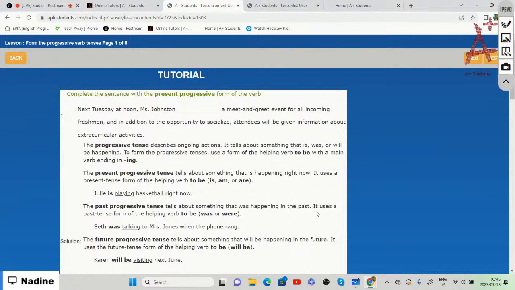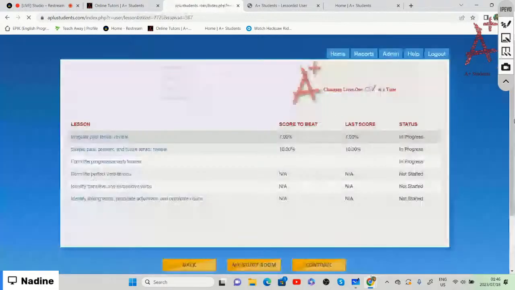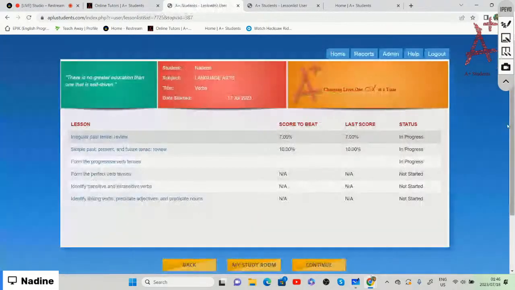All right, so that is basically the end of our lesson on verbs. We covered irregular past tense, where it's as if the whole verb changes. It does not follow a set of rules by adding ed or d to our main verb. Then we also have simple past, present, and future tense.